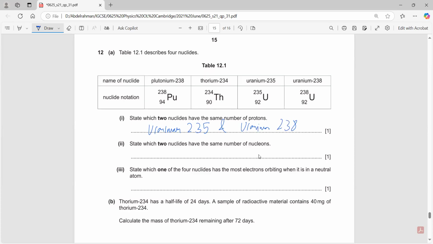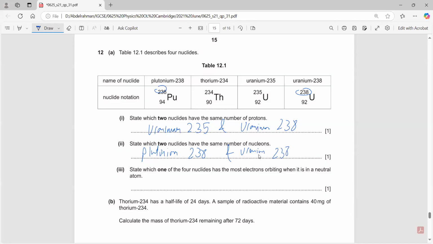Which two nuclides have the same number of nucleons? Plutonium 238 and uranium 238.